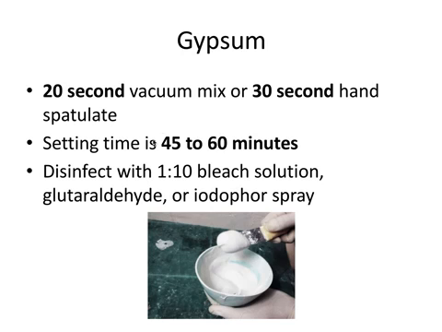But the other forms of gypsum can take up to an hour to fully set, and you can contrast this to the setting time of something like alginate, which was only 3 to 4 minutes. After pouring it and letting it set, you can disinfect with a bleach solution, glutaraldehyde, or iodophor spray.